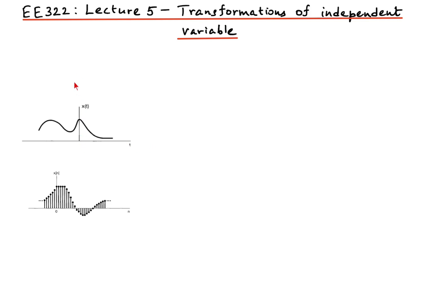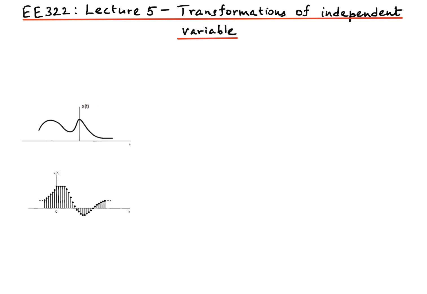And whatever function is represented on the y-axis is called the dependent variable. So the x-axis variable is the independent variable, and the y-axis function that we have is the dependent variable.